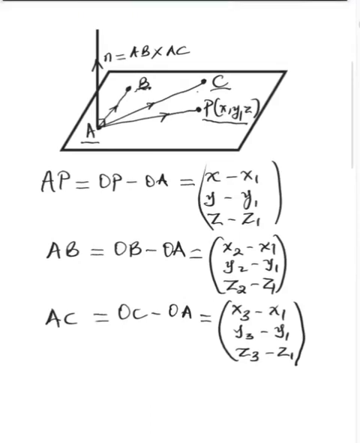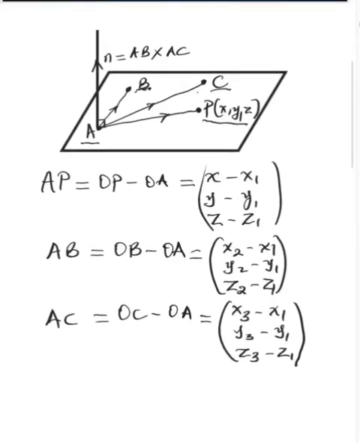Now, a vector normal to the plane is n and is given by AB cross AC. Remember, the cross product of any two vectors is always perpendicular to the two vectors, and since the two vectors are embedded in the plane, it means that their cross product is also a normal vector to the plane. So AP is perpendicular to AB cross AC.